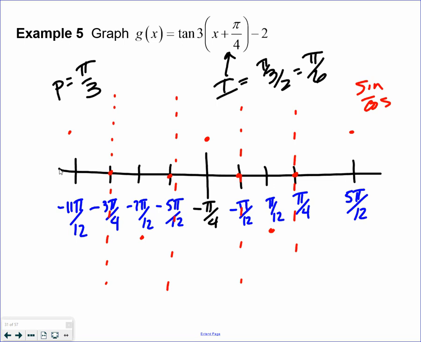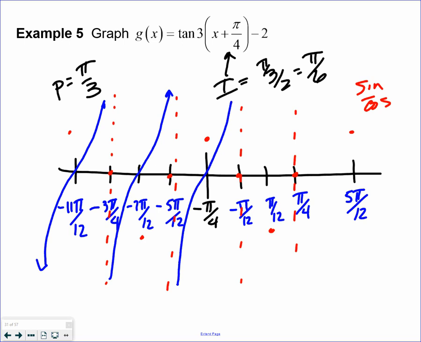Tangent goes low to high, sorry, I almost said that wrong. So tangent goes upward: along the asymptote, through the midline; along the asymptote, through the midline; along the asymptote, through the midline; along the asymptote, through the midline.